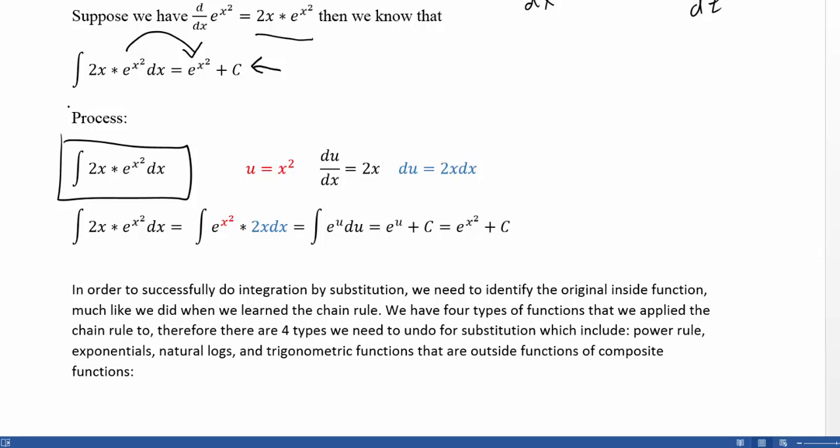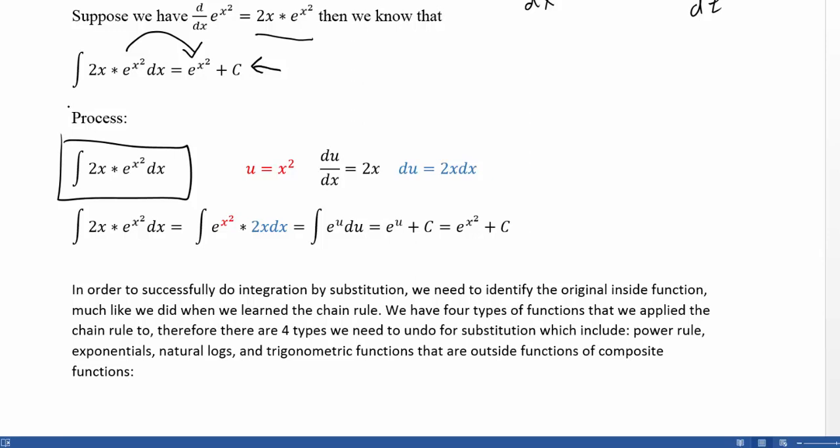So here it is. And what I need to do is I need to look at the power of e and determine if the derivative of that power is also present in my antiderivative. So here, my power is x squared, and the derivative of x squared is 2x. Since both those pieces are here, I know this is a good candidate for integration by substitution.